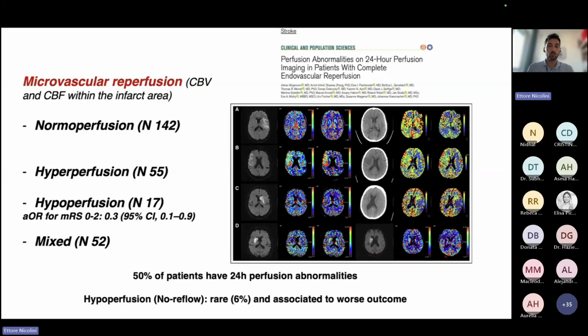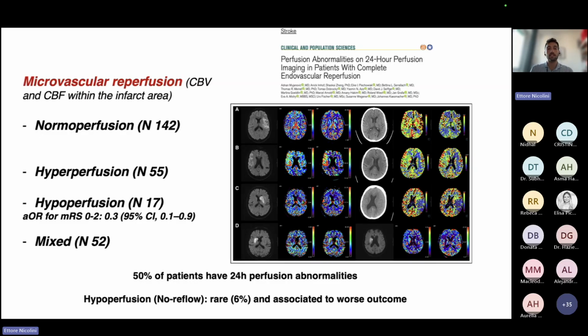But other authors have proposed a different definition. Here I present you another one from the Bern group, but actually there are also other studies trying to detect no-reflow phenomenon. So in these studies, more than 200 CT perfusion at 24 hours were analyzed after successful reperfusion.